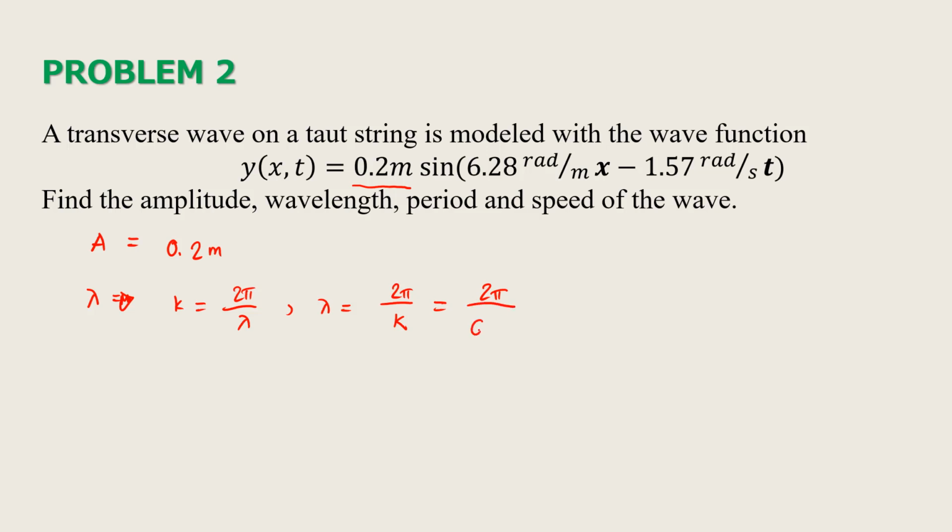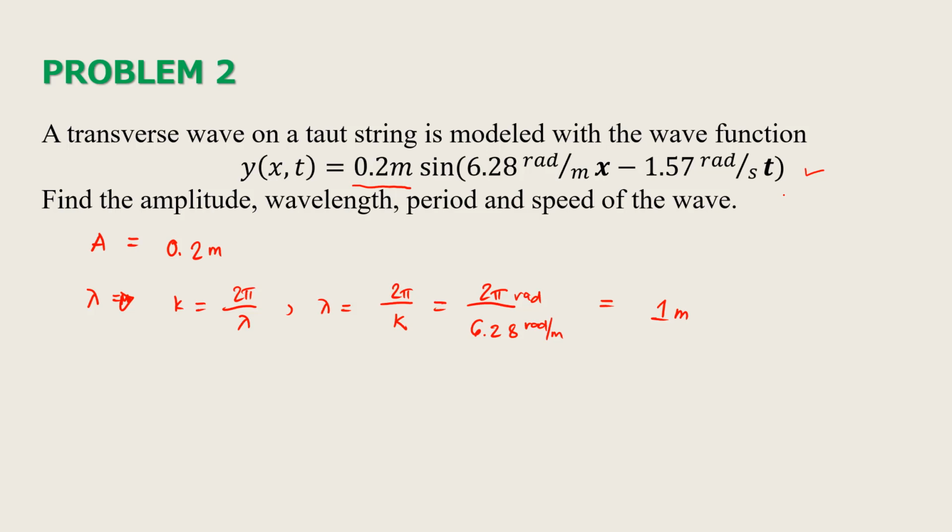Now, the value of our k is 6.28 radians per meter. So this is in radians. So we have 2 pi divided by 6.28 radians per meter, that is equal to 1 meter. This is the wavelength of the wave, which is described by this wave function.